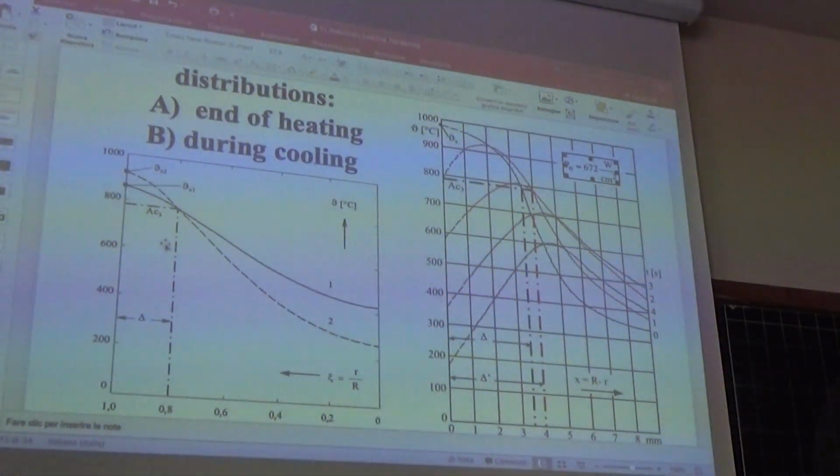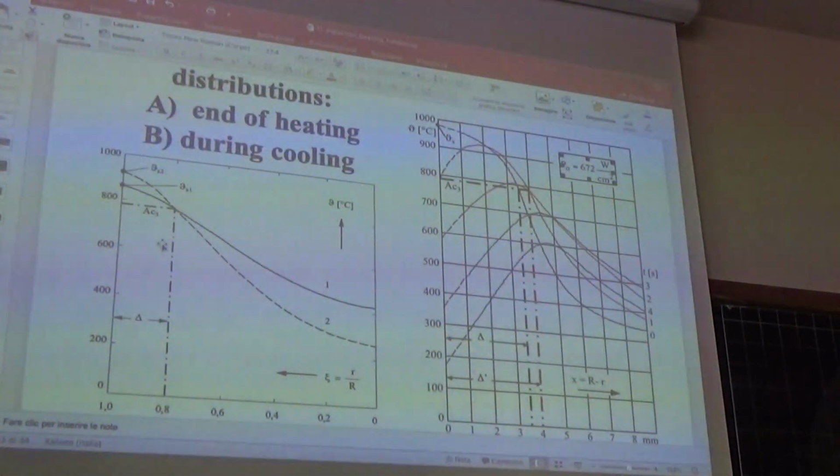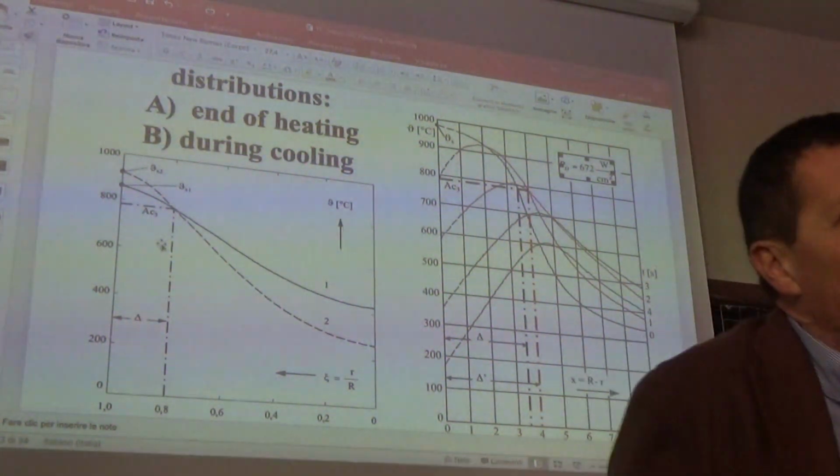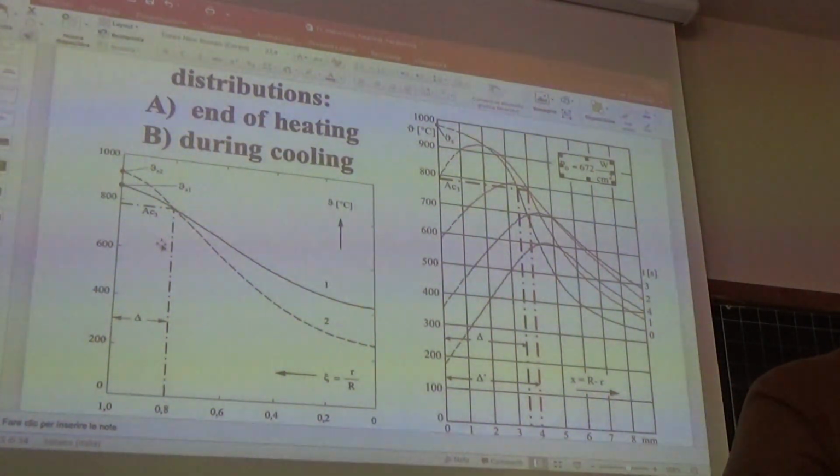But these are only electromagnetic phenomena. So let me say that we are freezing the power density distribution. But the heat transfer phenomena works in a better direction. Why?